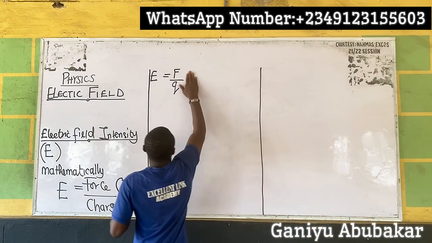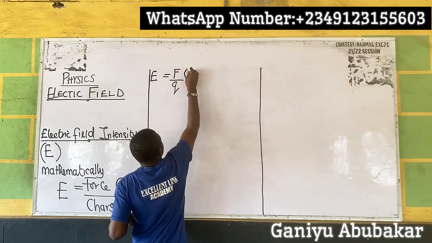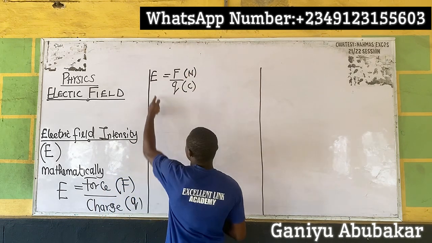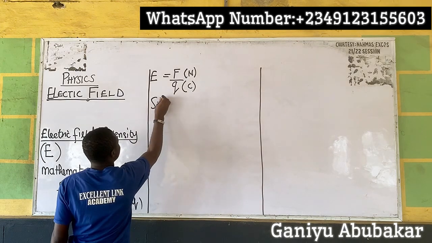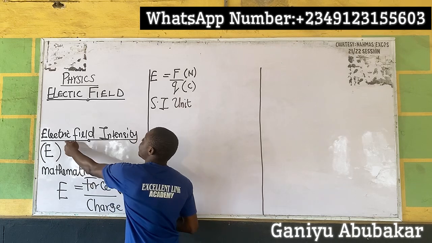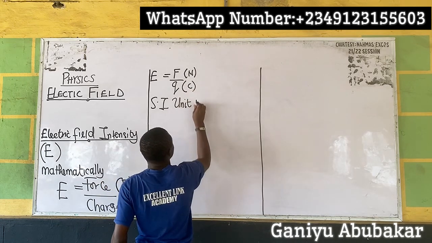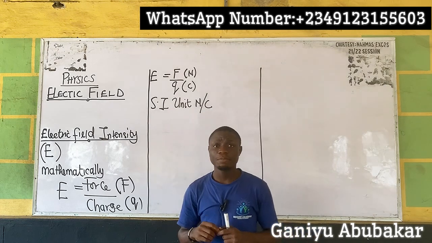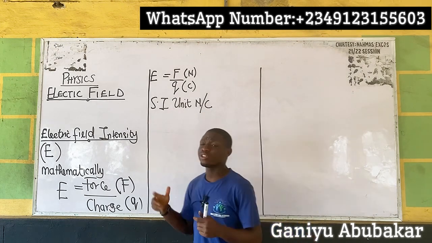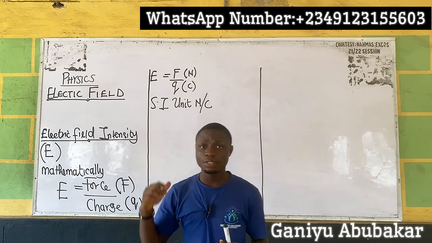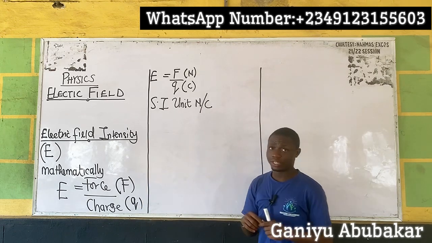So I can say that the SI unit of electric field intensity is given by Newton per coulomb. So Newton per coulomb is simply the SI unit for electric field intensity.